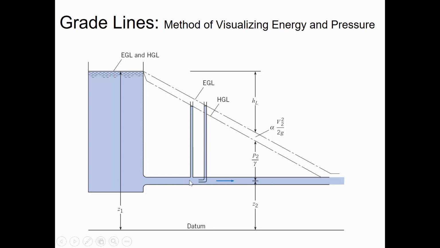Well, in the piezometer itself, the water level is going to rise to the elevation of the HGL. In fact, that's the definition of the HGL. If you put in some sort of a tube, the water level is going to rise because the pipe is pressurized. However high the water rises to, that piezometric height is the hydraulic grade line.